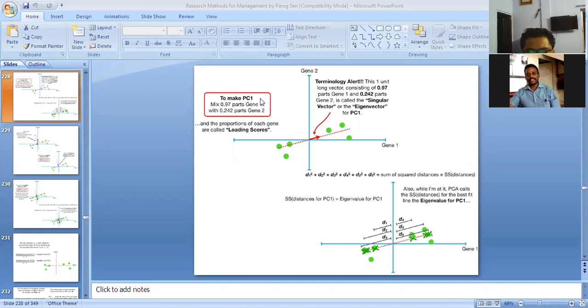To make PC1, mix 0.97 parts of gene 1 with 0.242 parts of gene 2. This 1 unit long vector consisting of 0.97 parts gene 1 and 0.242 parts gene 2 is called the singular vector or the eigenvector for PC1.